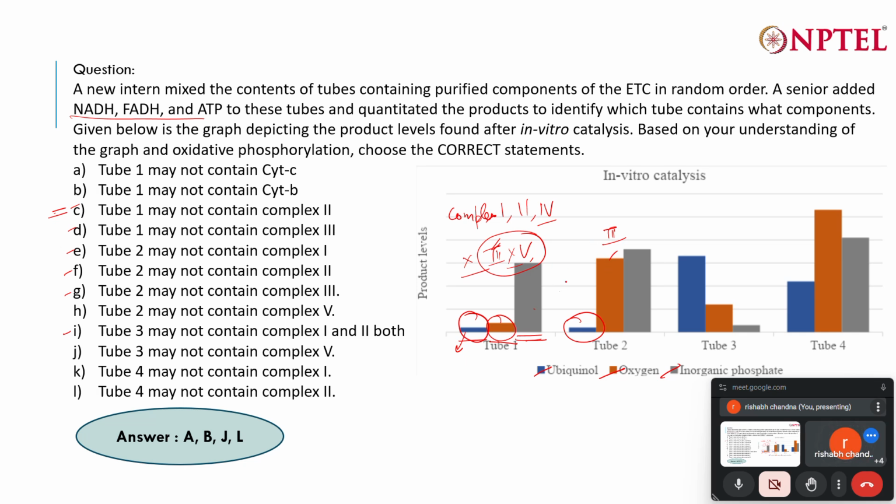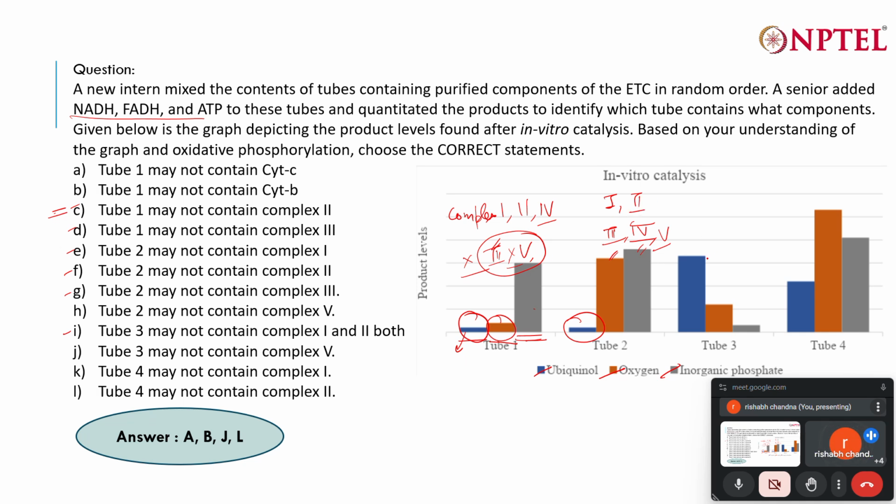So complex 4 will also not be present here, because complex 4 helps in reducing oxygen, but here oxygen levels are high. Same with complex 5, because inorganic phosphate levels are high. So tube 2 can contain complex 1 and complex 2.